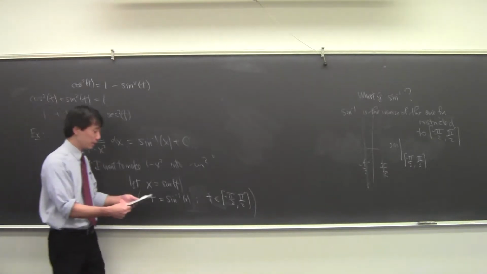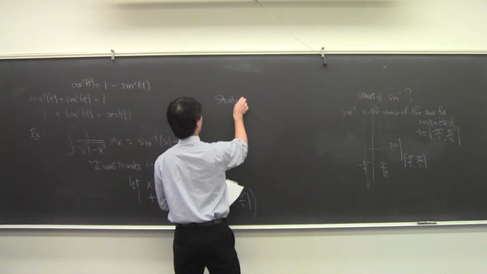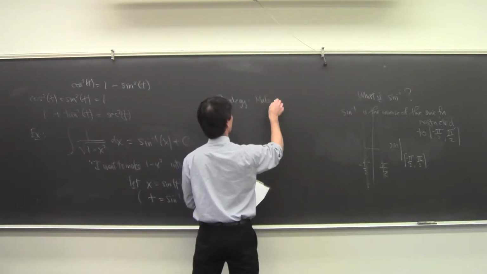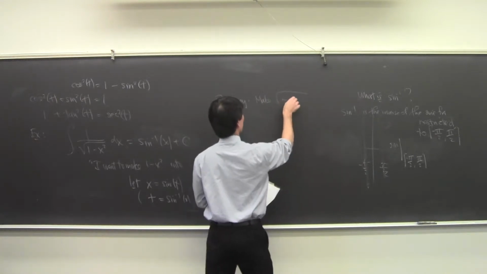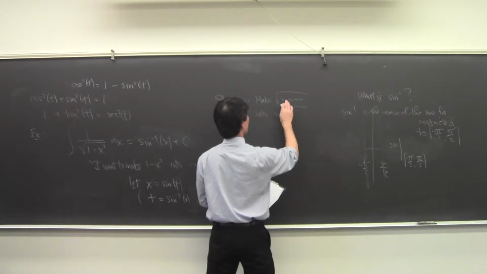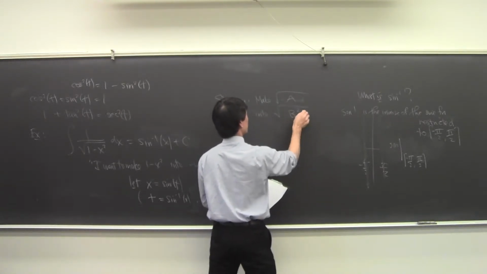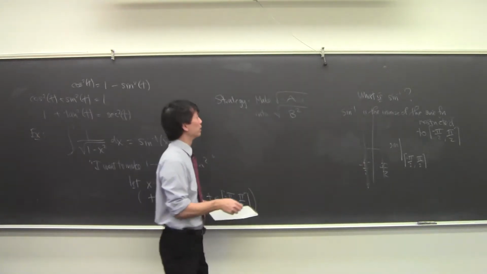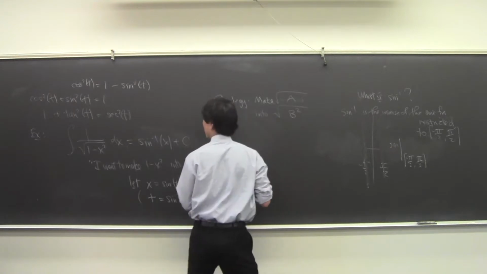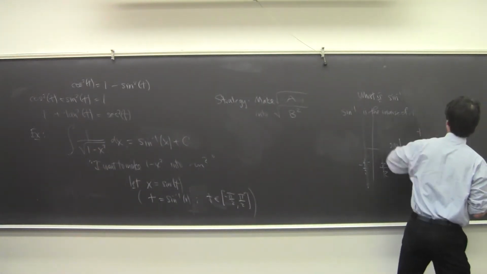That's the strategy: make this thing into something else. Whatever you got here, try to make it into something else squared, into the square root of a square.